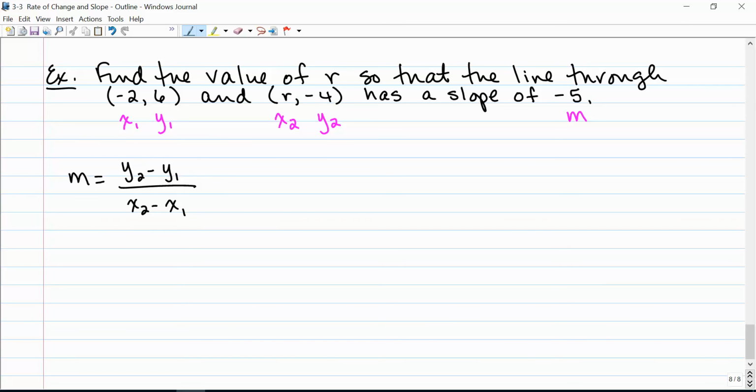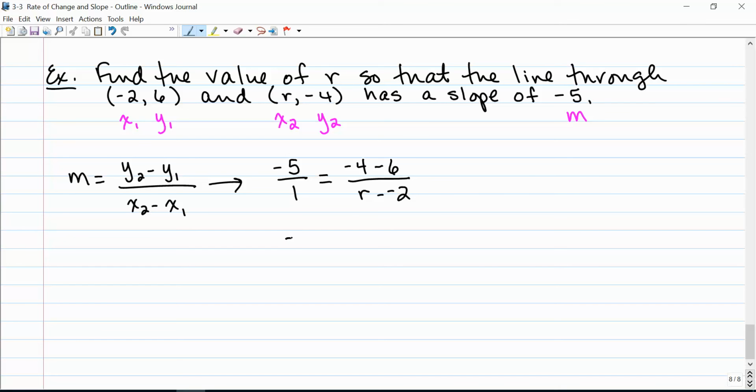So I'm just going to plug in those values. So my slope is negative 5, and I'm going to write that as negative 5 over 1. y2 is negative 4, y1 is 6, x2 is what I don't know, that's r, and x1 is negative 2, so minus a negative 2.